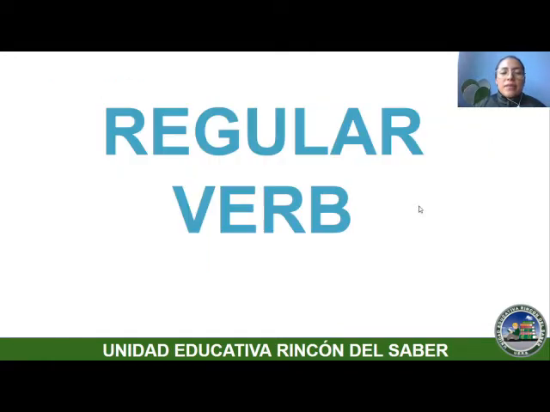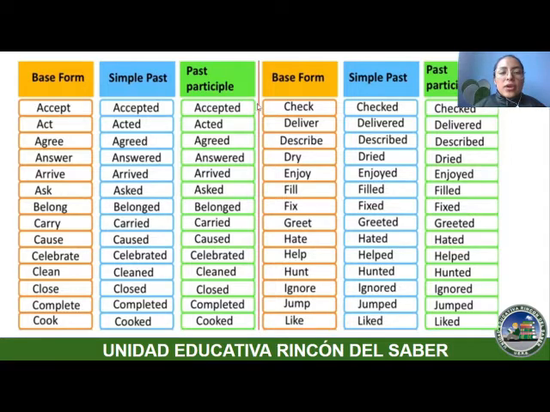Now, we are going to talk about regular verbs. Okay? You can conjugate the verb in present, in past, and past participle, or the third column.